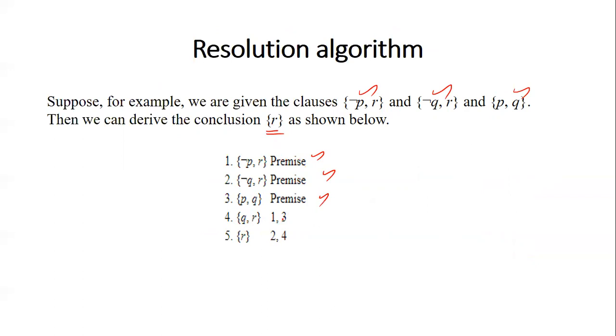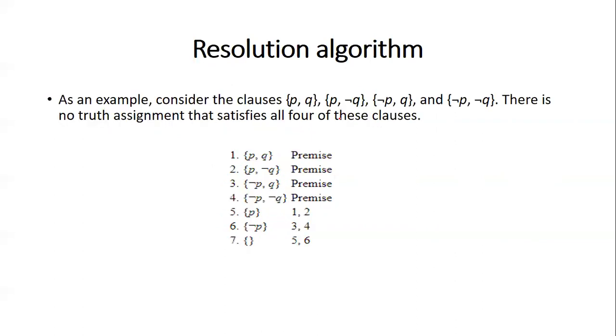First we apply the resolution rule between 1 and 3. When you apply resolution between this and this, negation P and P get cancelled. So you get Q comma R. This is the fourth one. Now when you apply the resolution between 2 and 4, again Q and negation Q get cancelled and you get R. So now we have proved R, right?